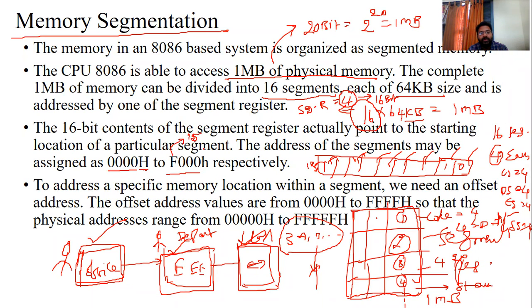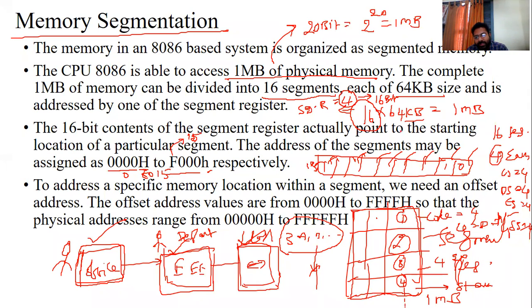So it starts at 0 and ends at 15. Nothing but a total of 16, since 0 is also considered one segment. So you can identify the 16 segments respectively.